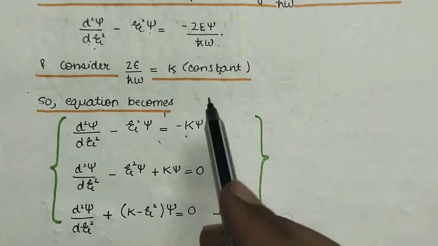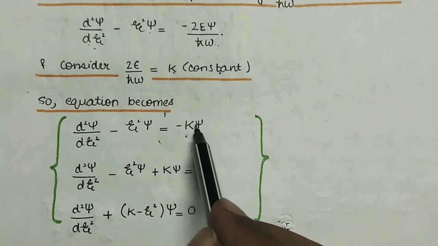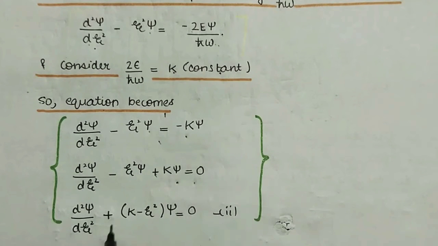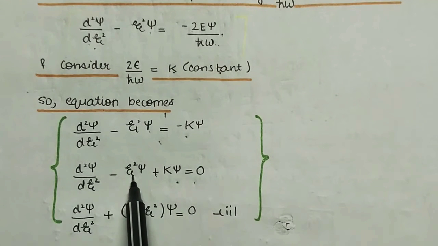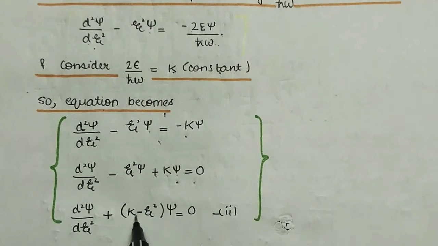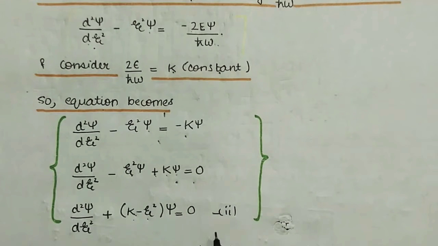Now the minus kψ term is here, plus kψ, equal to 0. So I can take ψ as a common, which leaves positive k here, and minus j² there. So this is our equation 2.